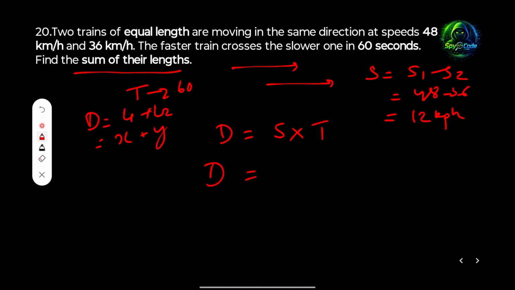Okay. So the speed is 12 kilometers per hour into meters per second. So 5 by 18, and time is 60 seconds. So upon solving this, we get around 200 meters. 200 meters. This is the sum of their lengths.